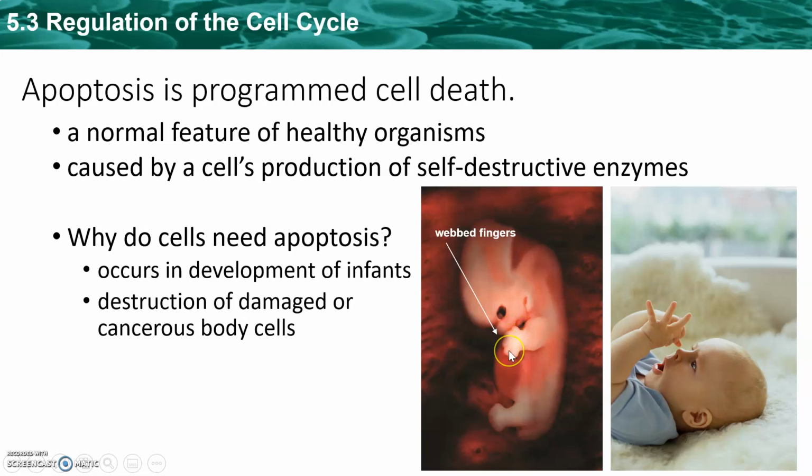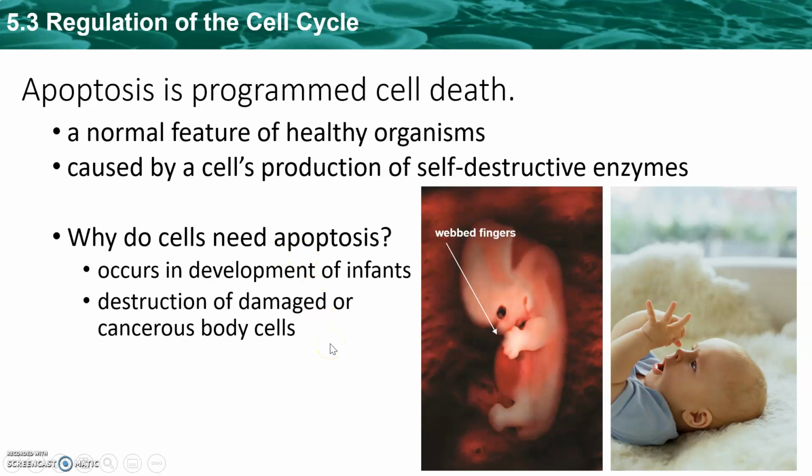It has gone away, it has disintegrated, and that's because the cells have undergone apoptosis as a normal part of our development. So by the time you're born, you have 5 distinct fingers and no webbing in between them, most of the time. Now, if there is an error during development and apoptosis doesn't take place, then a baby could be born with webbed fingers, and that has happened before. That's an error in apoptosis.